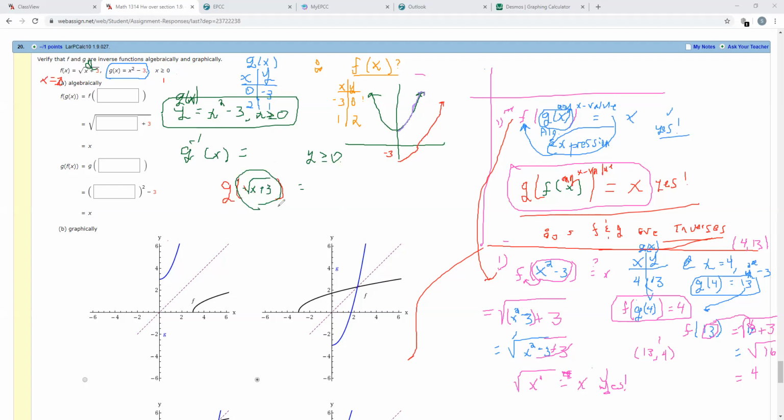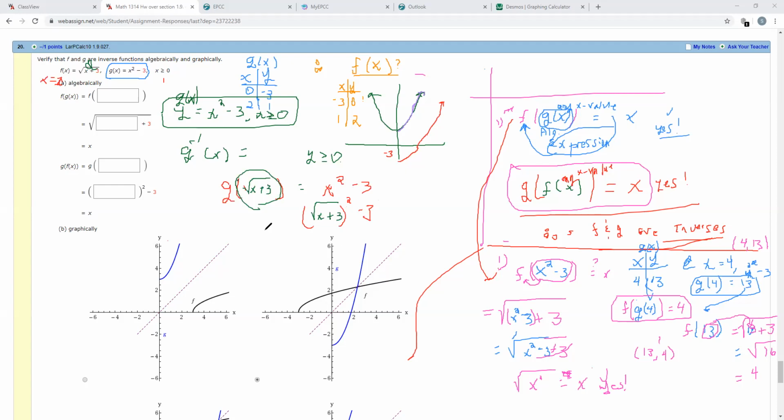Now I'll put that square root of x plus 3 into the g function and see what happens. So the g function is x squared minus 3, but instead of x, we put this algebraic expression in, and we get this.